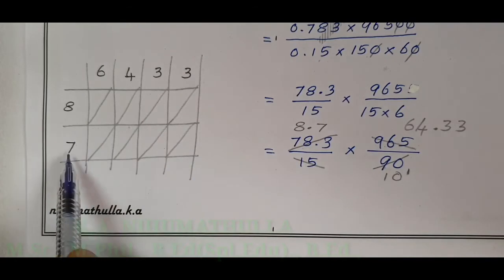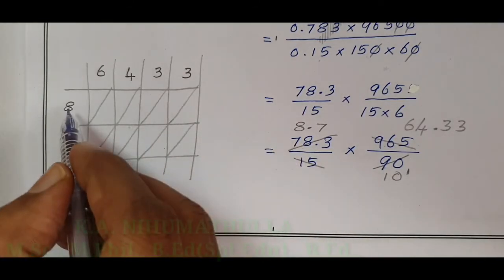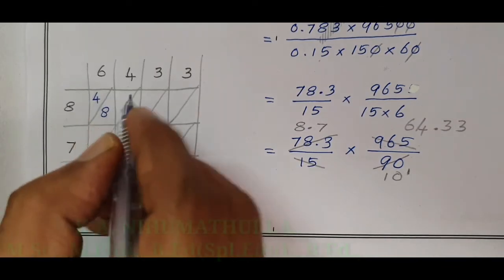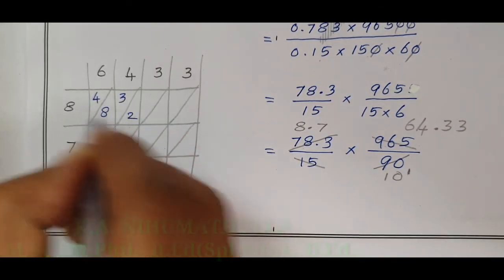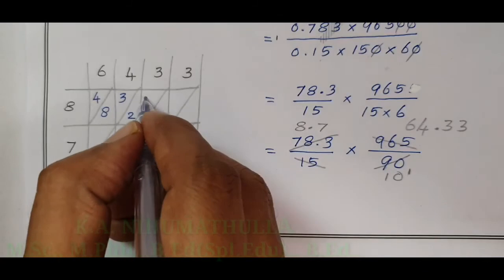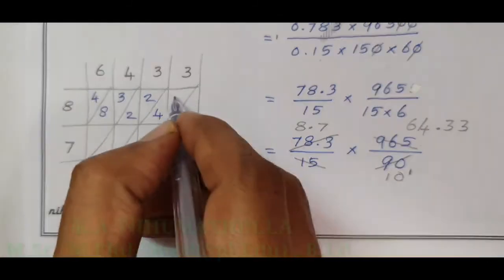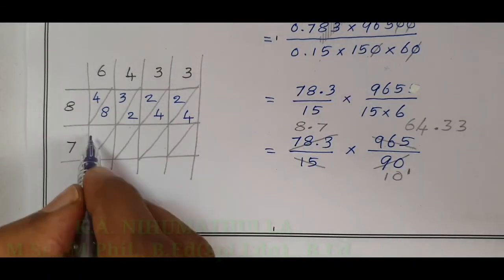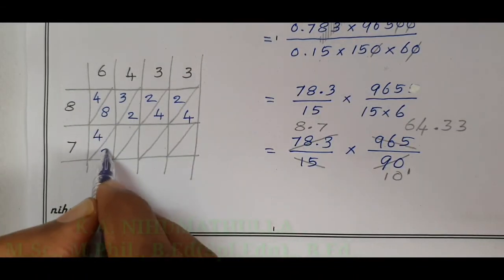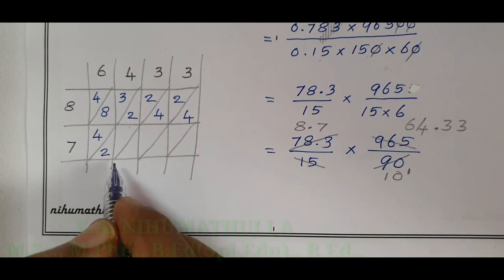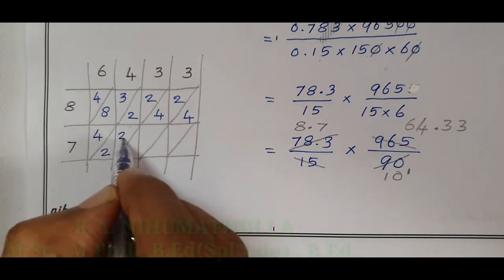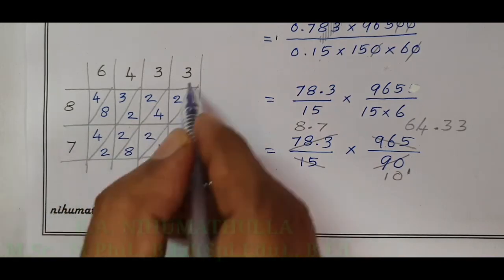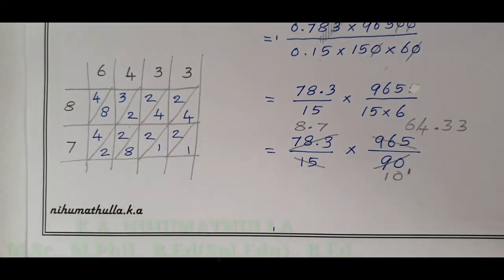64.33 into 8.7. 8 6s are 48. 8 4s are 32. 8 3s are 24. 8 3s are 24. 7 6s are 42. 7 4s are 28. 7 3s are 21. 7 3s are 21.